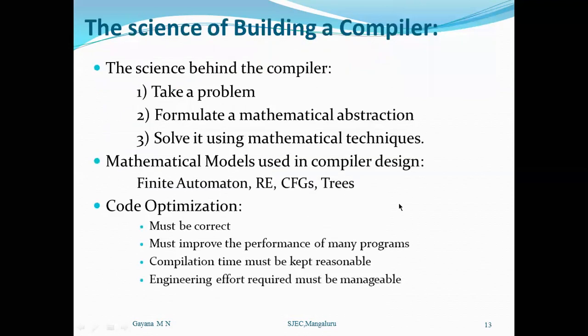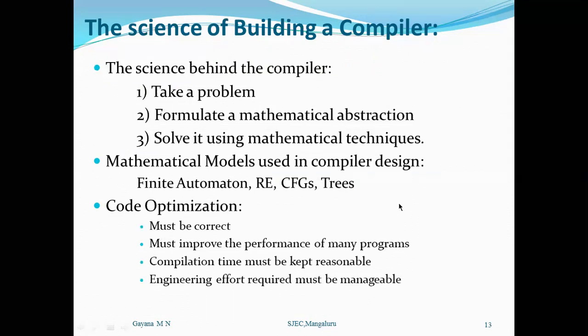Okay. Now, let me touch upon the main science of building a compiler. So throughout the compiler concept, you're going to look at the compiler as one mathematical model. The basic science behind the compiler is that you're taking a problem, right? The problem is that you want to learn what a compiler is. A compiler has to translate a language written in one form to another form, right?